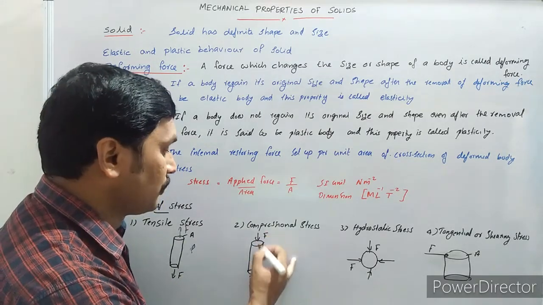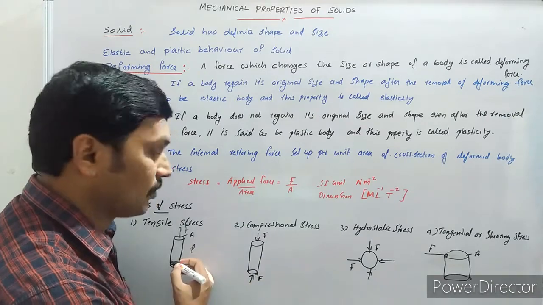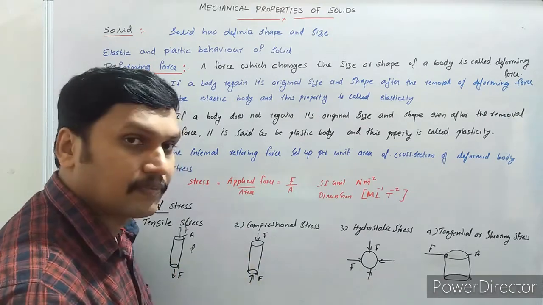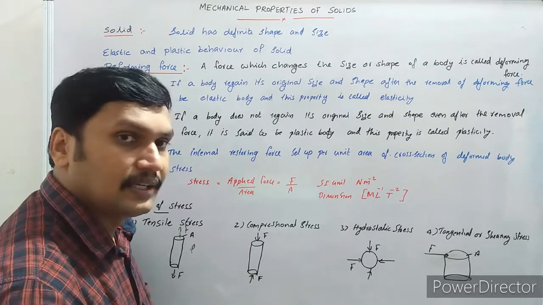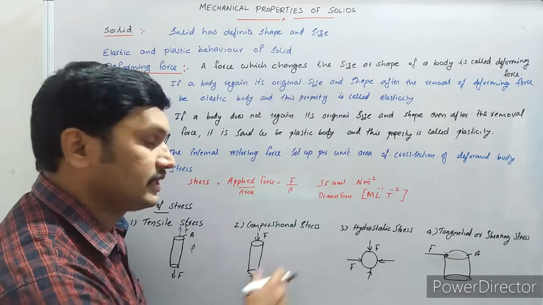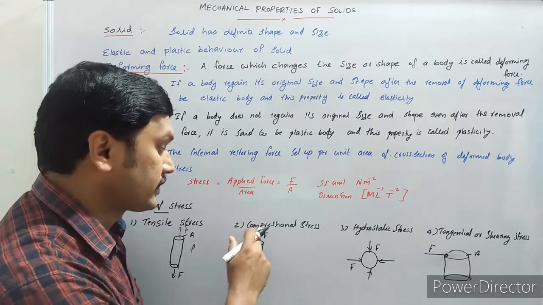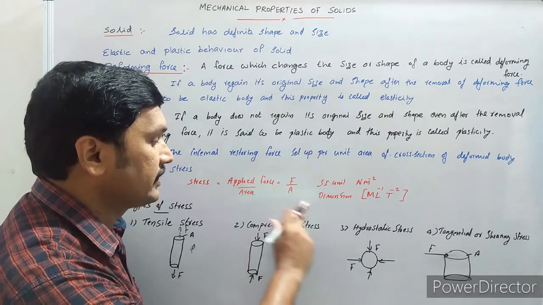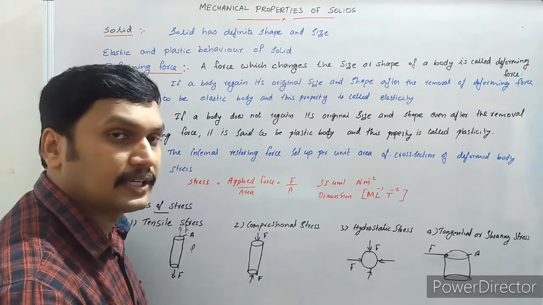Suppose you are applying the force from both sides of this rod to decrease the length or to compress this rod, then the applied force per unit area at this time is known as compressional stress.